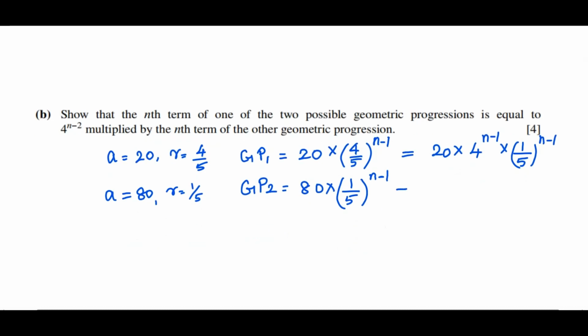And let us write this geometric progression 2 also as 4 multiplied by 20 multiplied by 1 over 5, the whole power n minus 1.